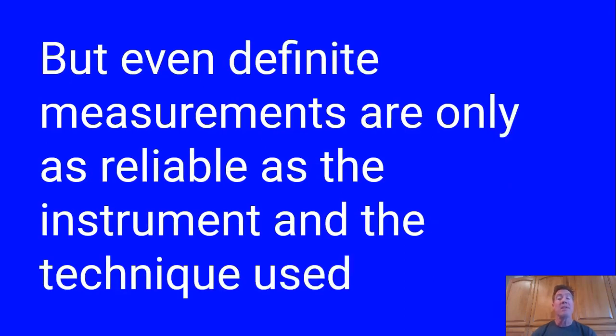But even definite measurements, like those taken with a thermometer, are only as reliable as the instrument used and only as reliable as the technique used. So, as we're going to see shortly, every measurement has a certain measure of uncertainty. And we try to express that with a concept we'll talk about a little later called significant figures.